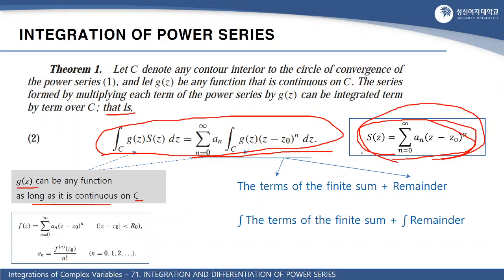In theorem 1, we just consider a power series like this. So this power series can be a Taylor series, which is given by the same form, but here specifically a_n is defined by f to the nth derivative at z naught divided by n factorial. So this theorem can be applied to this Taylor series.